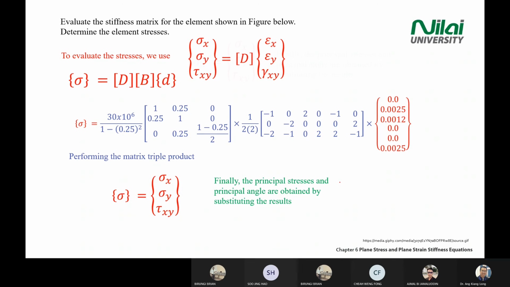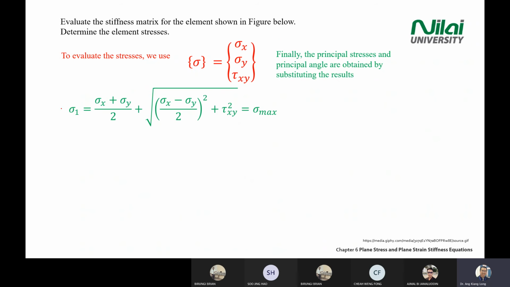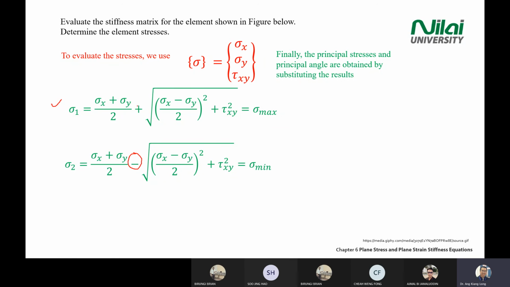So what are the equations? Recall what you learned in statics and dynamics. Principal stress 1 equals stress X plus stress Y, and so on, plus the square root of this expression. And then the second principal stress, you use the negative compared to the first one. You get the maximum and minimum.